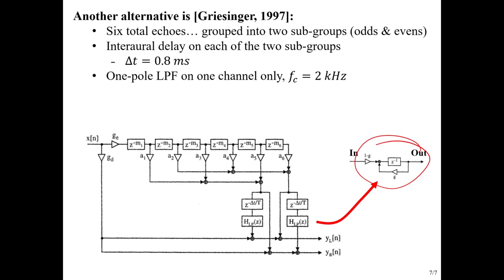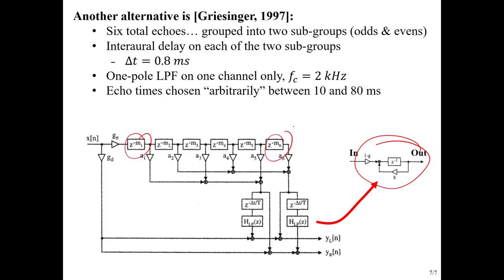So again, I'm telling you, as I said, this paper was not a theoretical paper. It was literally saying, I did this and I found it sounded pretty good. And they do tell you the M1s through the M6s arbitrarily between 10 and 80 milliseconds. That's not the values of those.